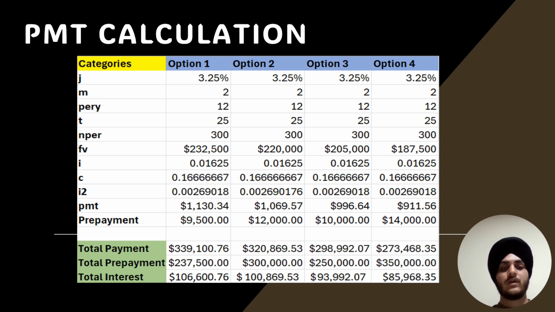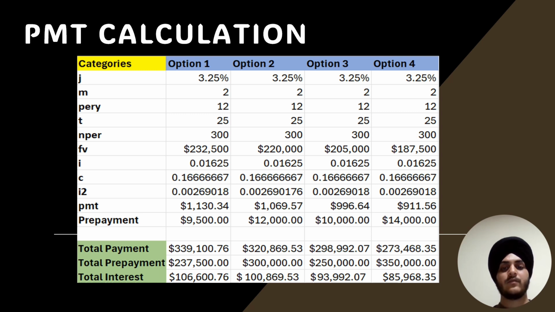Now for calculating the PMT, we'll use the Excel formula, that is PMT(rate, nper, PV, FV, type), and this would give us the answer for the first option, that is 1130.34. For the second option it would give us 1069.57.